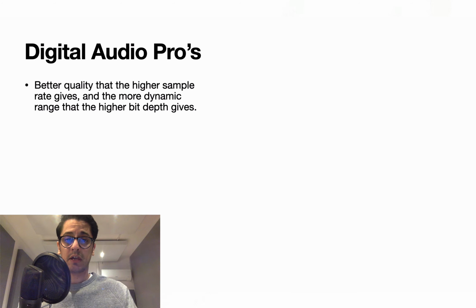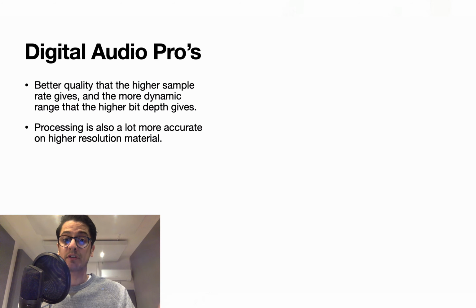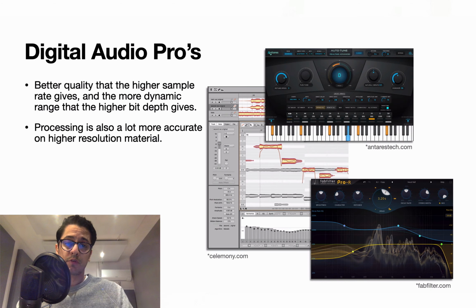Processing then becomes a lot more accurate on high resolution material. So things like equalizers, reverbs, and filters, all things any audio engineer has used multiple times, I'm sure, will sound better on higher sample rate material.